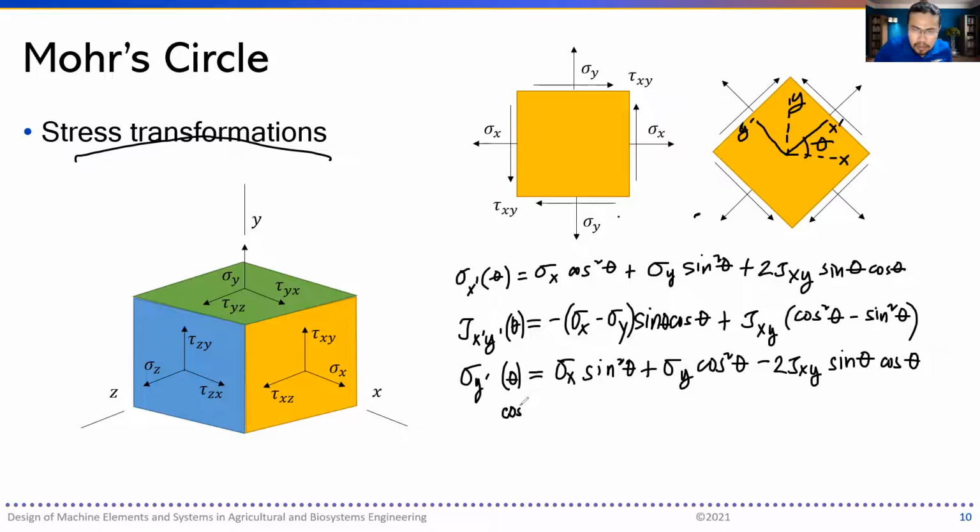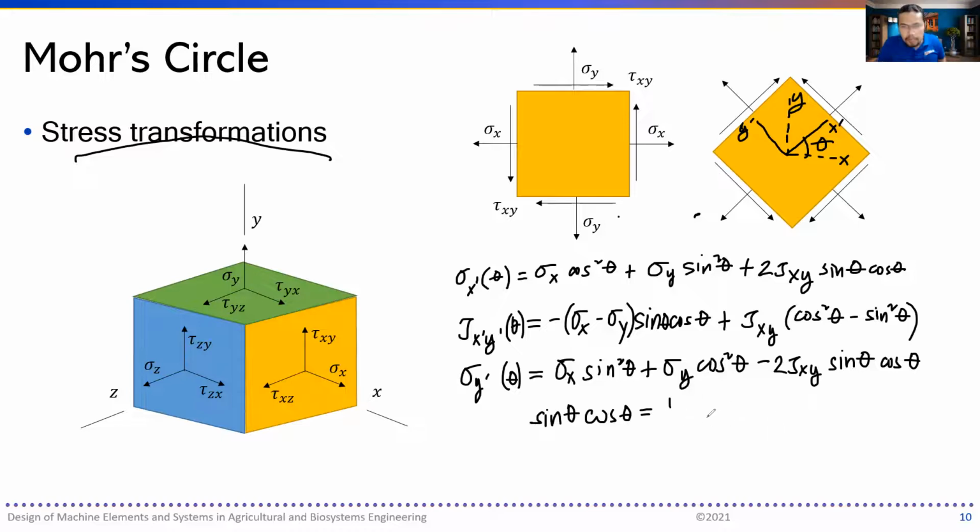Now, given that cosine squared theta is equal to 1 plus cosine 2 theta over 2, and sine squared theta equals 1 minus cosine 2 theta over 2, and also that sine theta cosine theta is equal to 1/2 sine 2 theta.